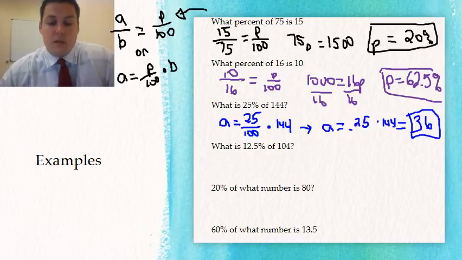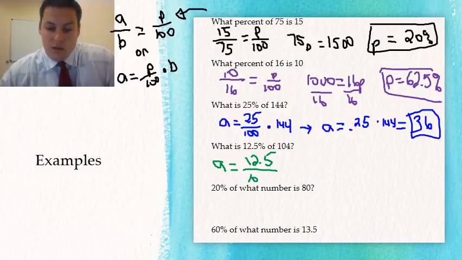We're going to do this next one the same way. What is 12.5% of 104? Now we're dealing with a little bit of a decimal issue here, but we do 12.5 over 100 times 104.